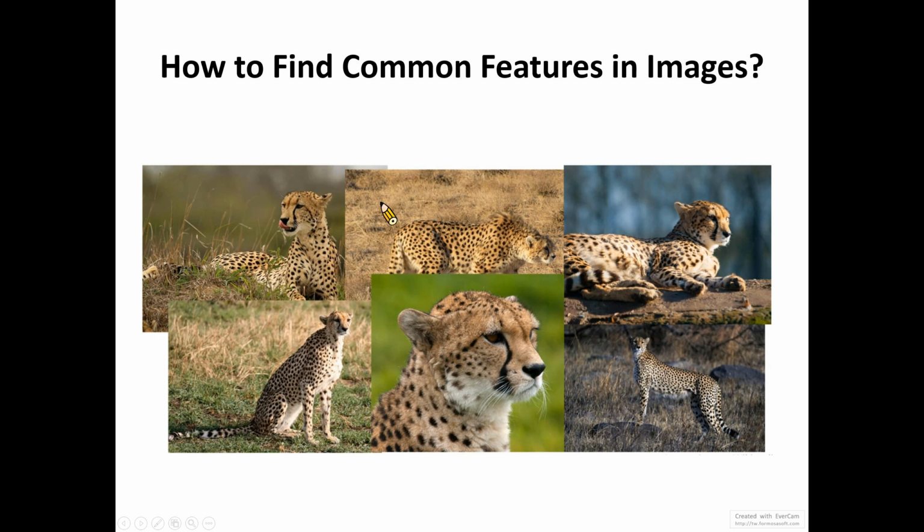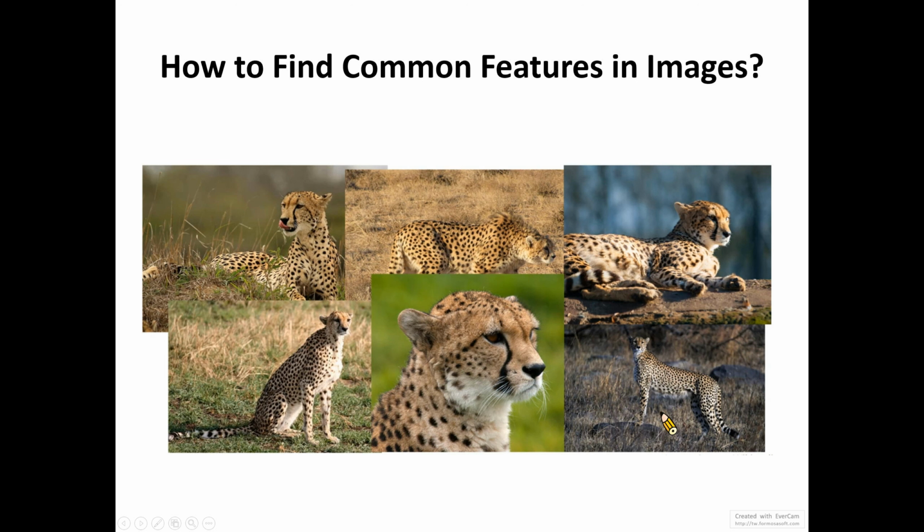You can see that some of the leopards are lying down on the ground, and this one is just sitting on the ground, and this one we can only see the head, and this one seems to be sneaking for his prey, and this one is comfortably lying on the ground, and this one just looks at something.